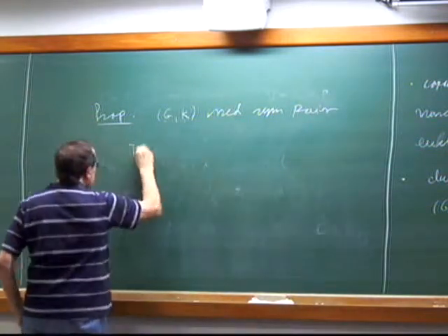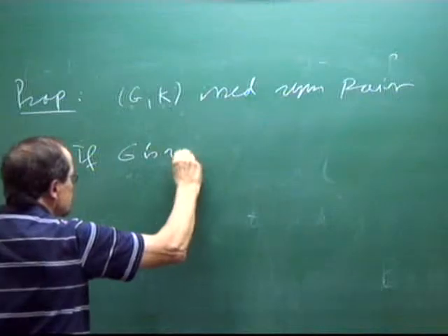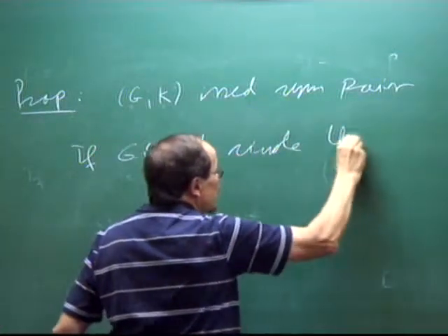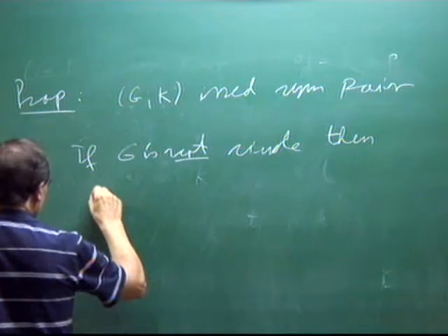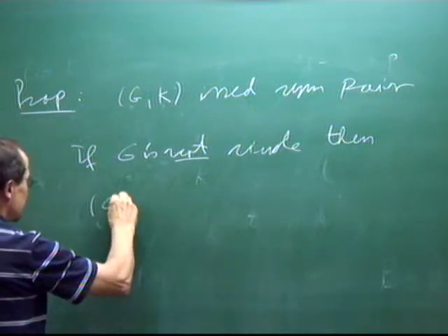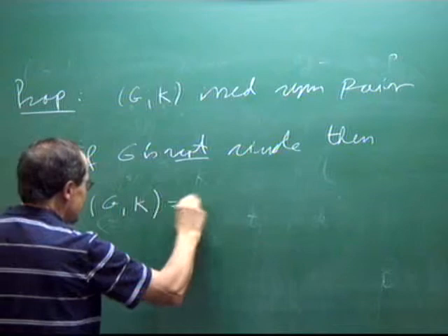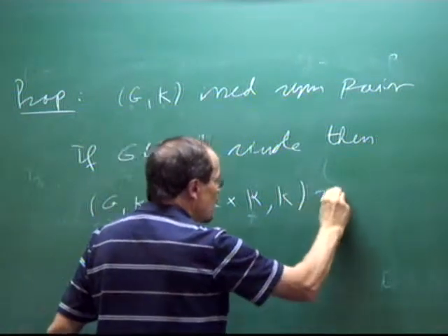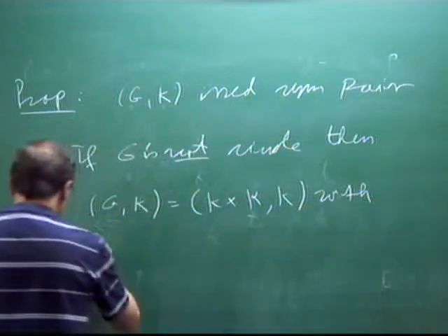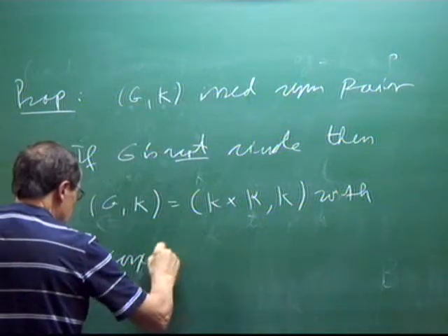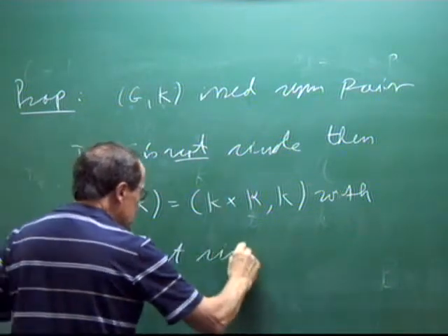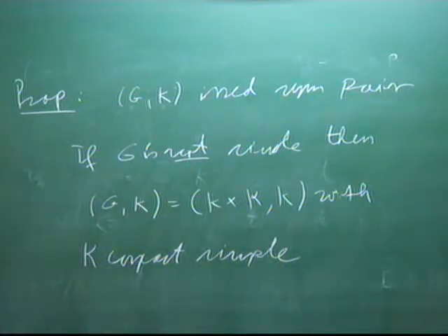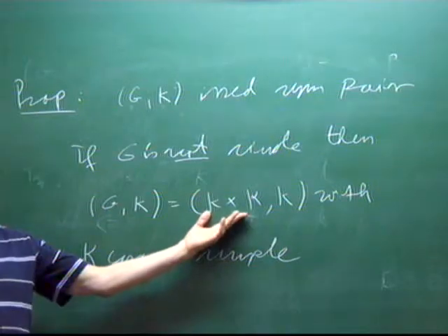Then if G is not simple, the symmetric pair is of the type we discussed over there, with K compact simple. That's the only symmetric pair where the Lie group G is not simple.